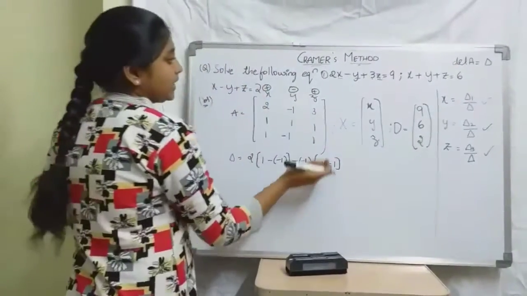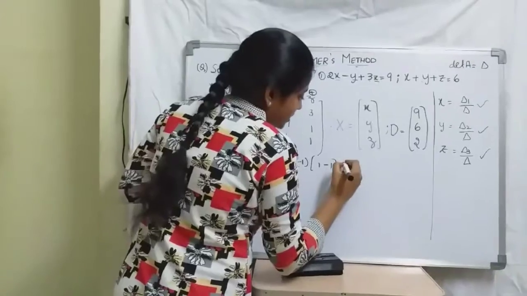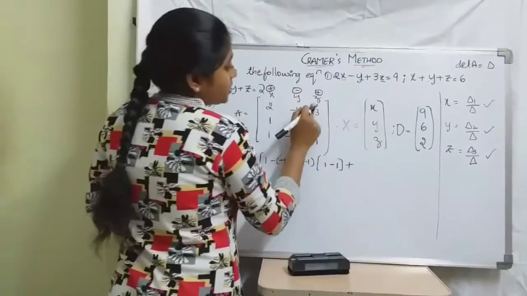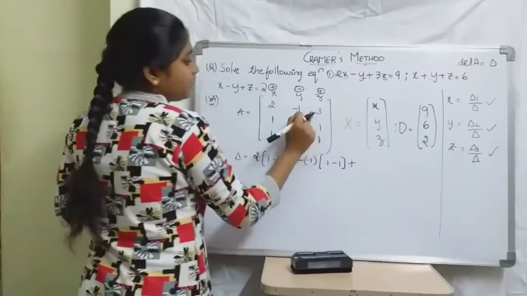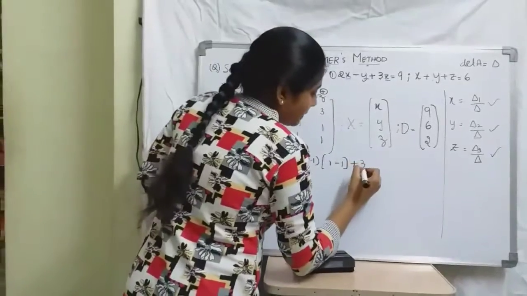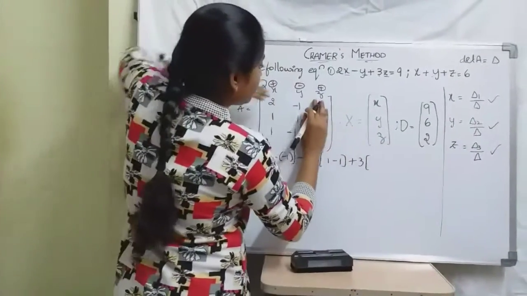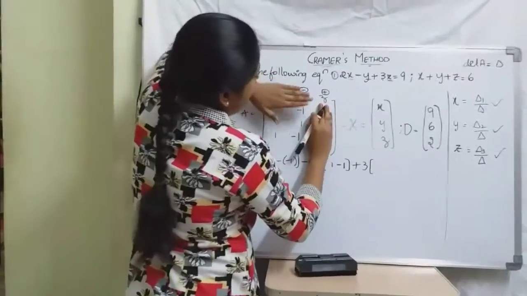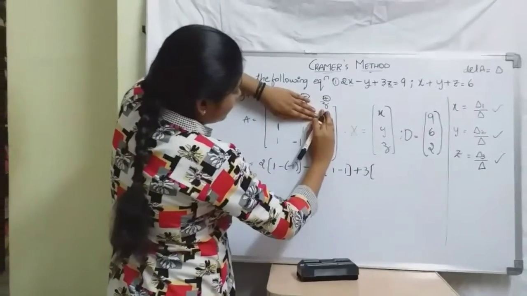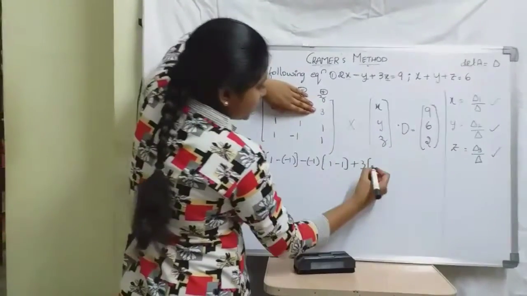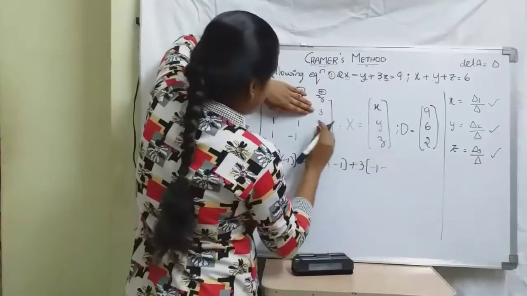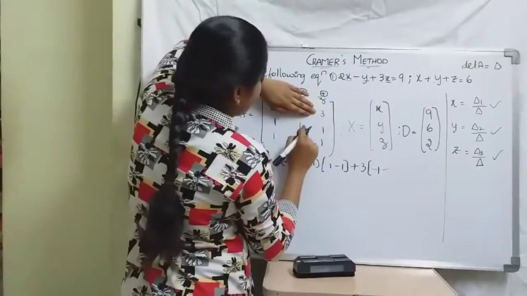Okay, now getting to the Z term, that is plus. Here we have positive, so we write plus. Here we have the number 3. 3 into, we close the column and the row, so we are left with 1 into minus 1, that is minus 1, again minus 1 into 1, that is 1.